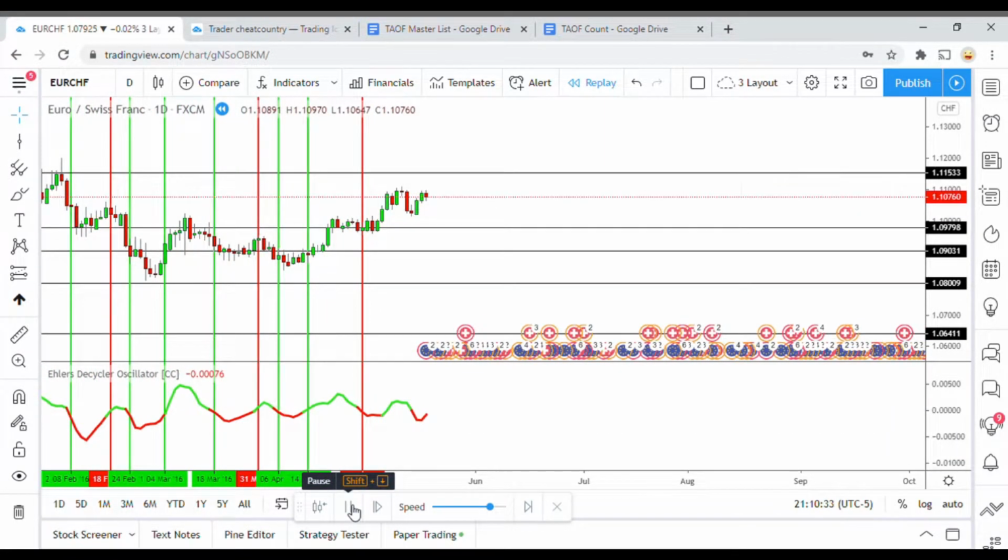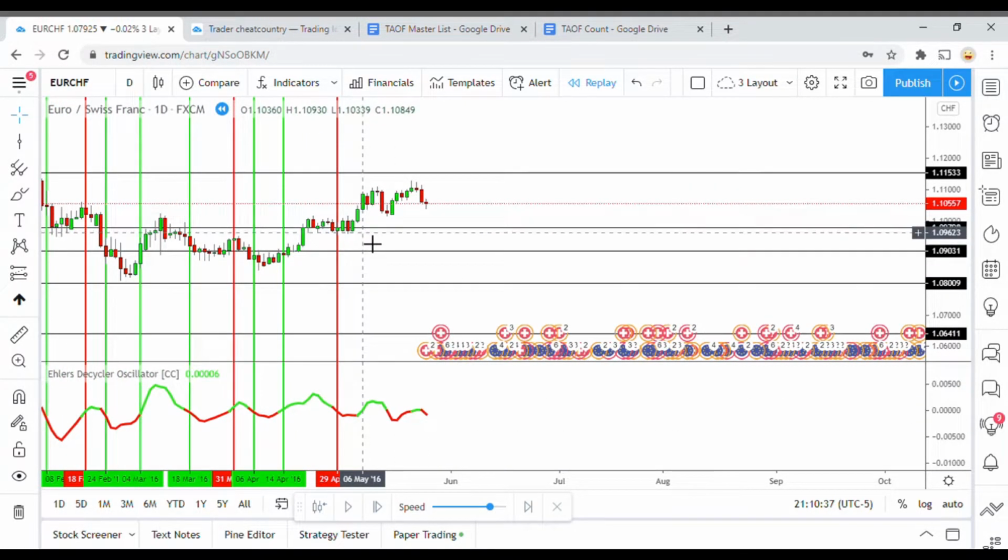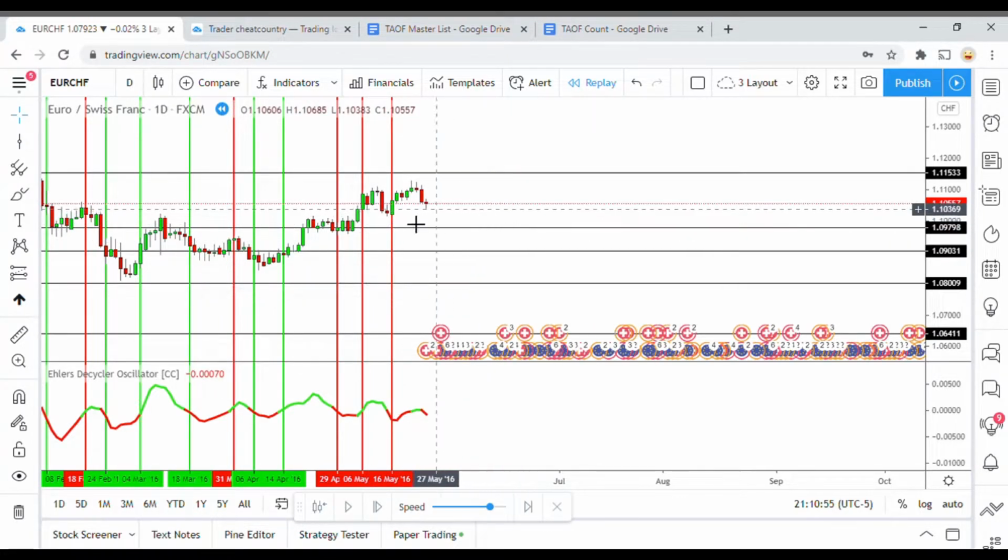Let's go ahead and play it out a little bit and see what they do. Pushing it up pretty close to that line. Hold on, let me mark out our trades here on our indicator. That one did not work out for us. Get a short here. That one did not work out for us either.